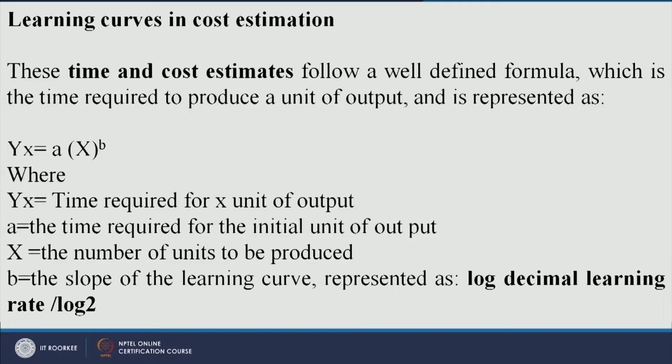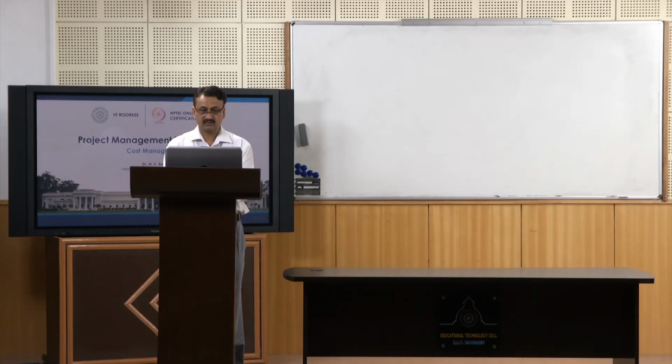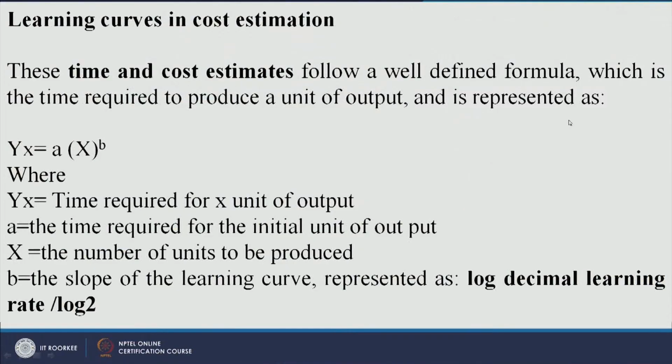So, there is a relationship between time and cost estimate, and that relationship follows a definite formula, which gives the time required to produce 1 unit of output and is represented like this: Yx = A x^b.